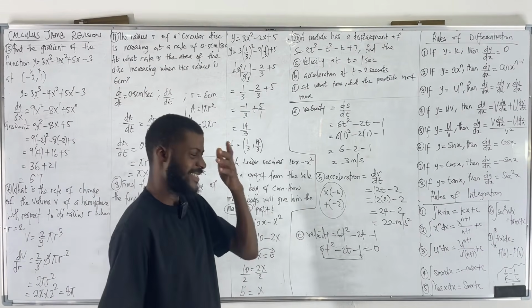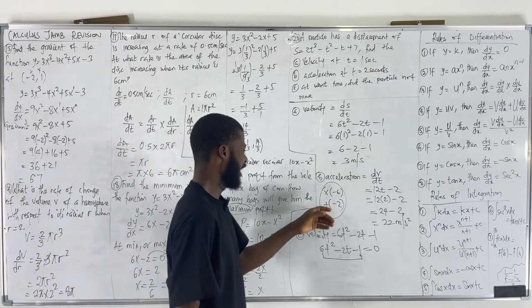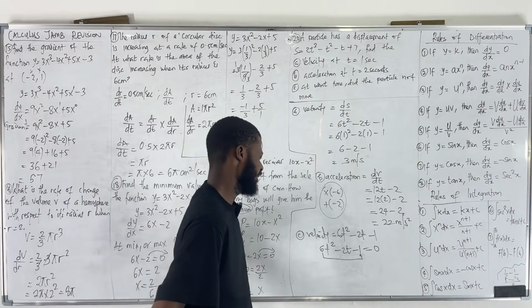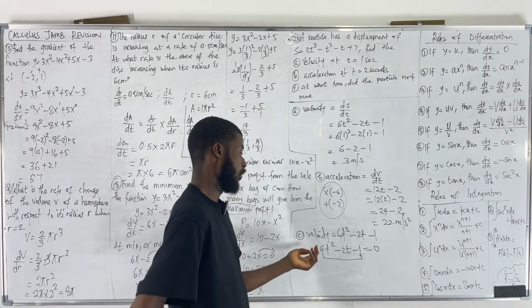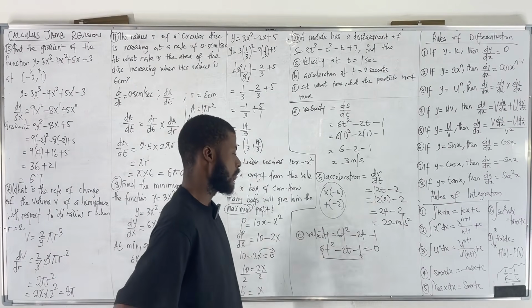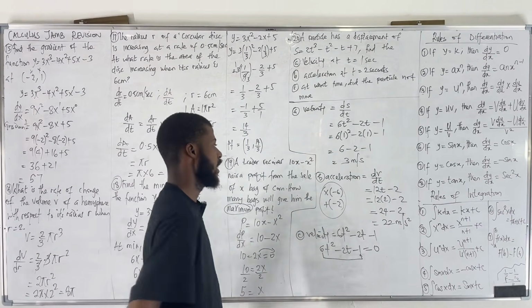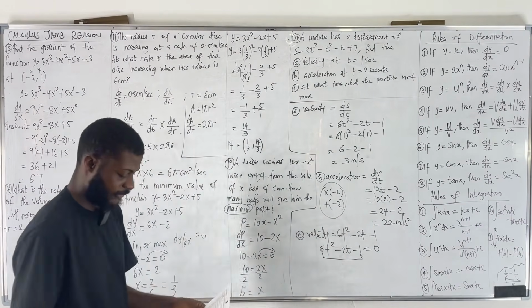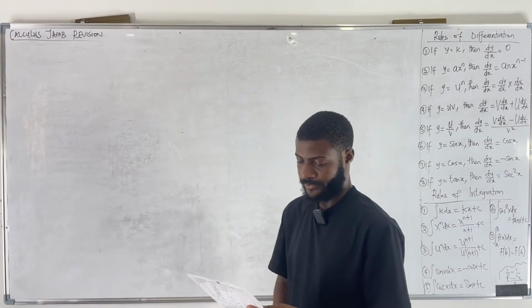I just set the question, so I'm not really sure. Let me see. No, it's not possible. Well, you could use the quadratic formula, but it is not possible to solve normally. So let's just leave it. But the ones we give to you, you can factorize. Let's move on.